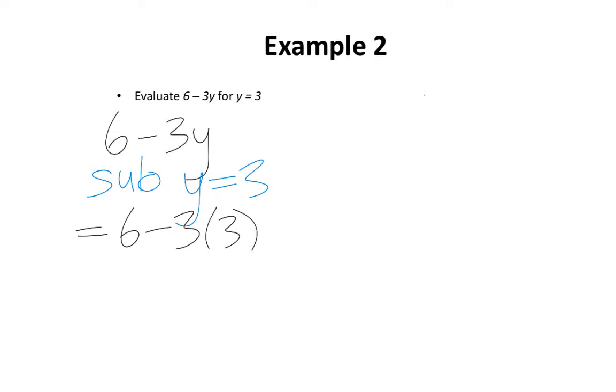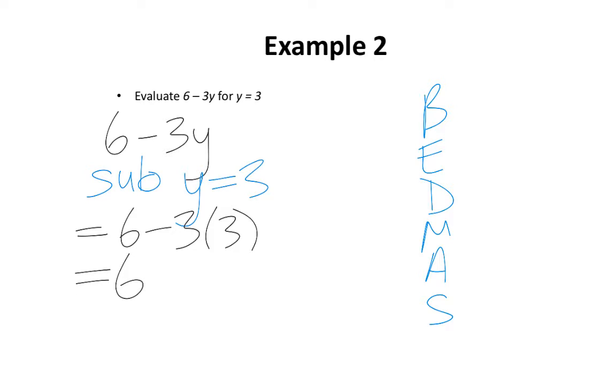At this point, you need to follow BEDMAS. That means we're going to have to multiply before we subtract, which gives us negative 3 multiplied by 3, which is negative 9, and 6 subtract 9 is negative 3.